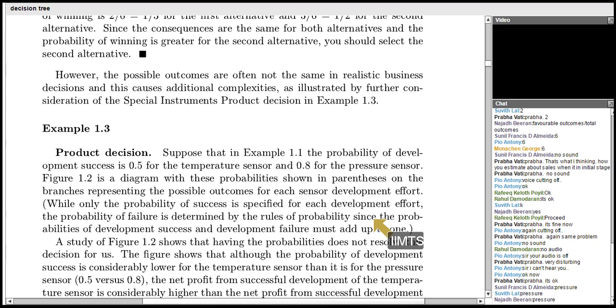So the probability of success with the pressure sensor is high, so many people would like to decide on developing a pressure sensor. Now, in figure 1.2, which we already saw, I already gave it to you, is a diagram with these probabilities shown in parentheses.